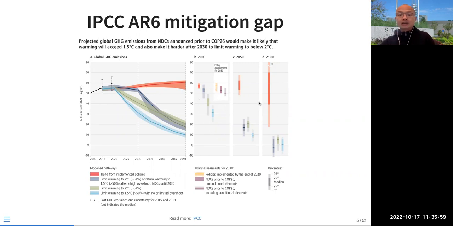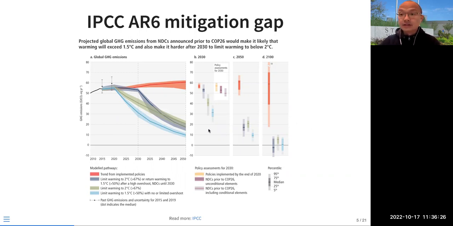No need to say those in 2050 and 2100. By then, we basically need to completely decarbonize our energy systems and our human activities in order to achieve those goals.